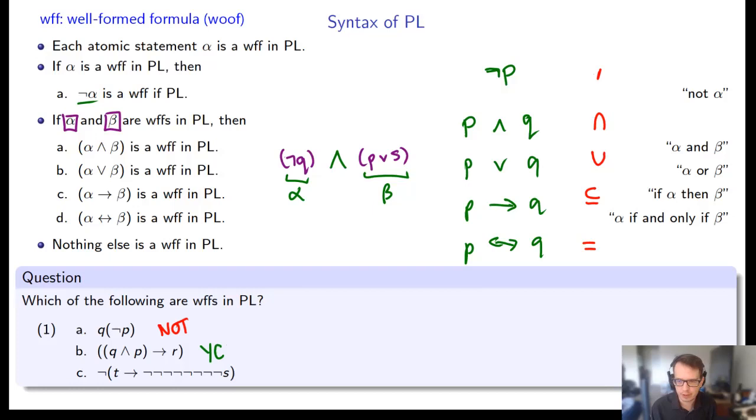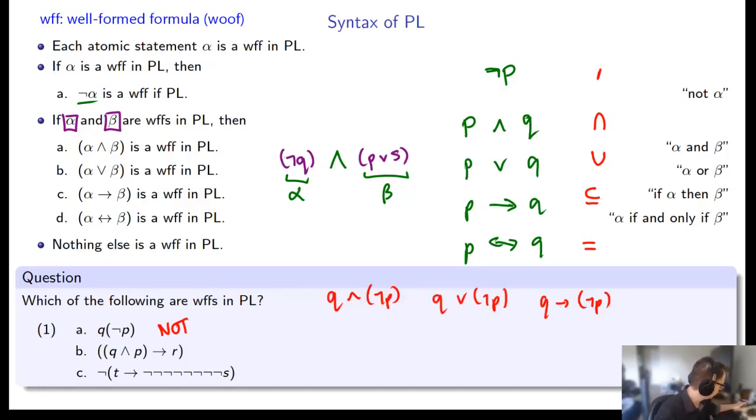For B, actually, hold on. I'm going to keep those there because I think that's important. For B, this is good. This is well formed. So what's happening is we have Q, P, and R. And we see that Q and P are together, and they're being joined with and.